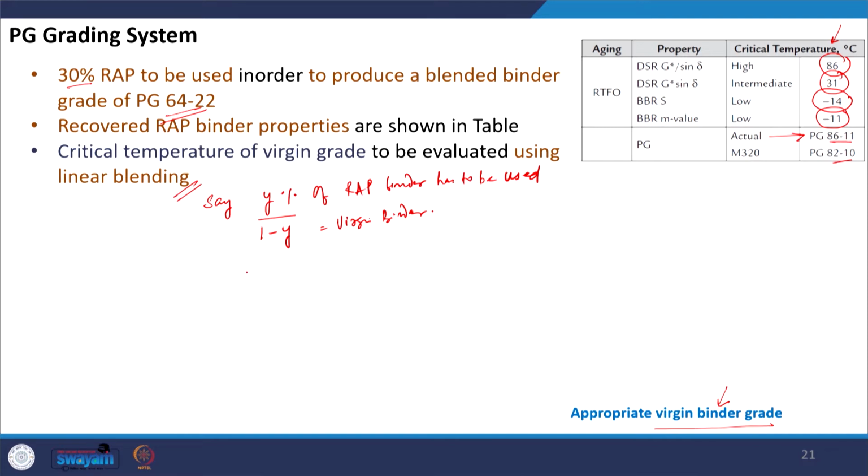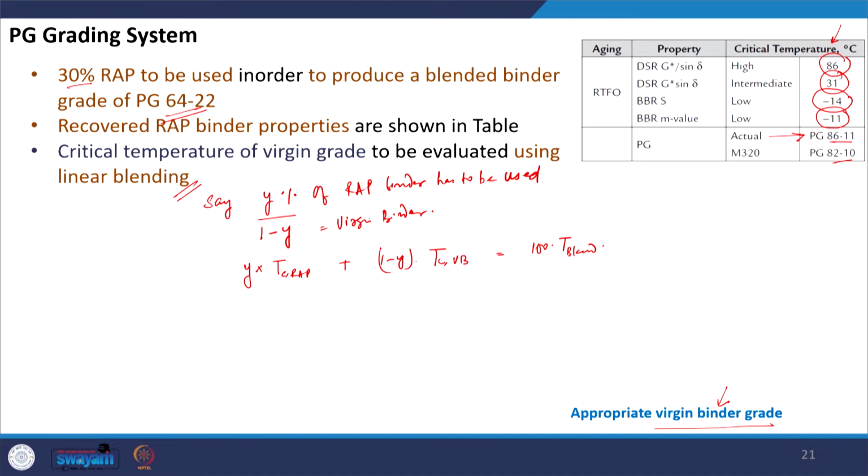Linear blending says that y times the critical temperature of RAP plus (1 minus y) times the critical temperature of the virgin binder will give you finally 100 times the critical temperature of the blend. Okay. So, this is the basic formula for blending.